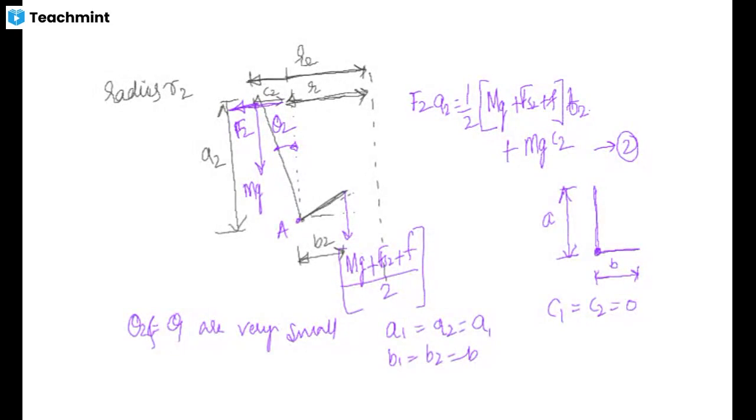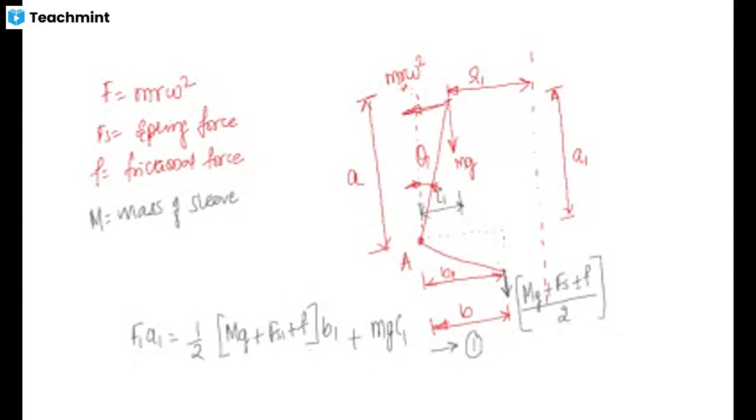Suppose if you neglect the deflection of the fulcrum in vertical direction, as theta 2 equals 0, then you are going to get vertical position. Similarly, if you consider theta 1 equal to 0, this inclined position is going to become vertical direction.